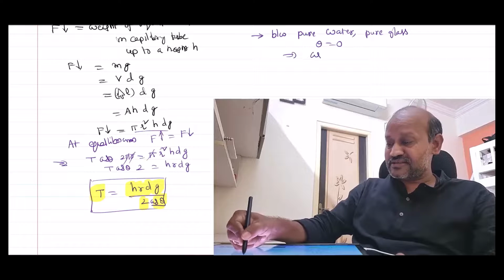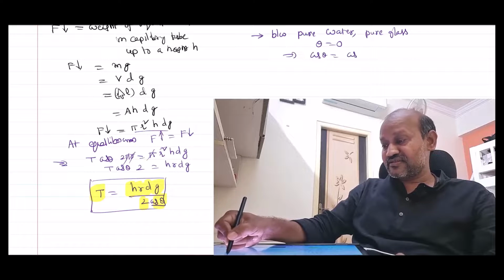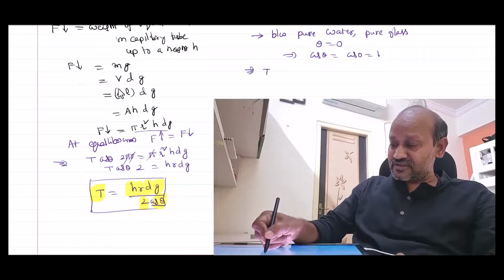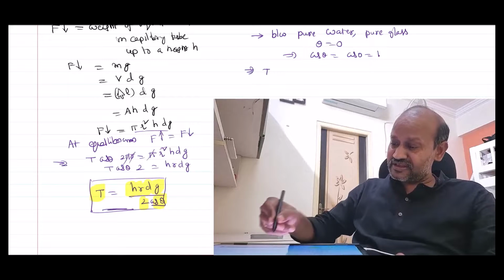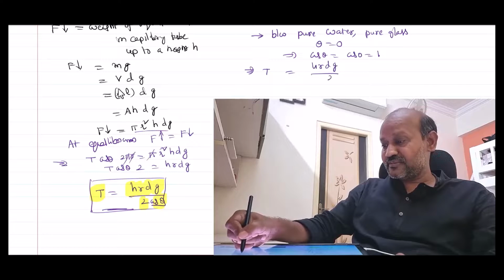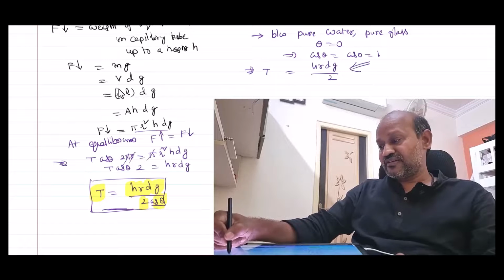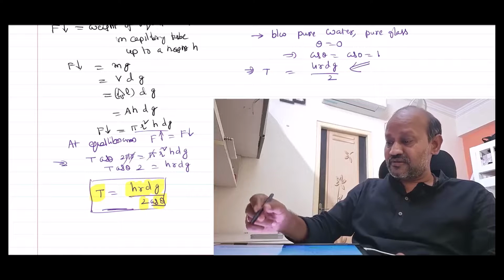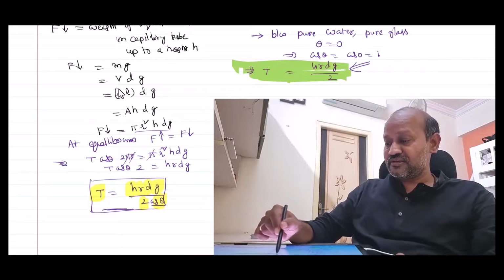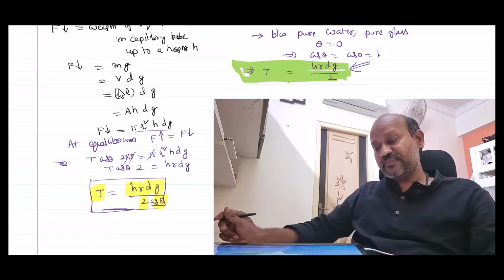That implies cos theta is cos 0, that is equal to 1. Then this equation can be further simplified as T equal to hrdg by 2. Be careful, this is valid only when you are handling pure water and pure glass.